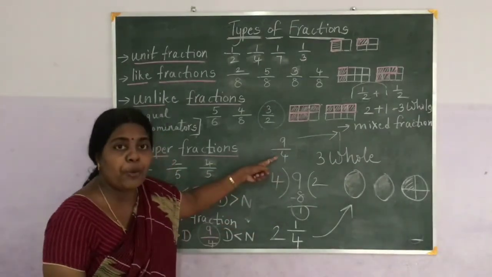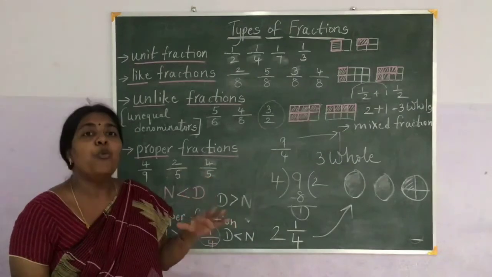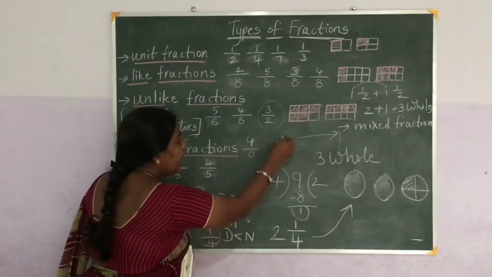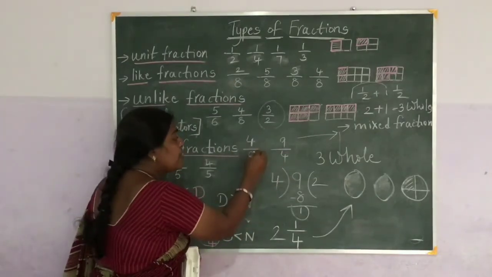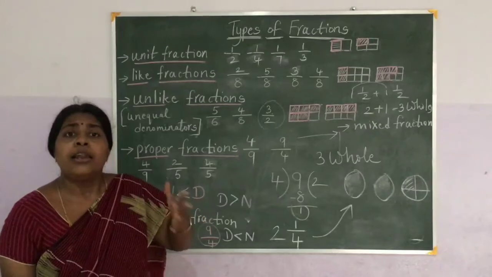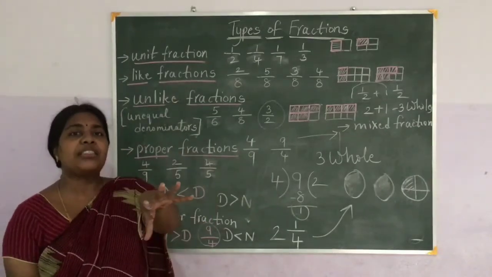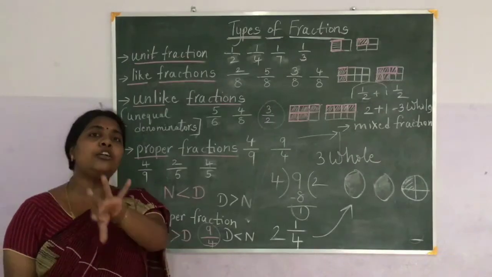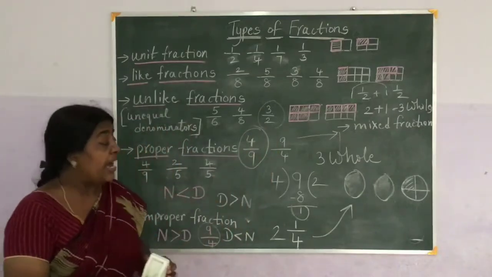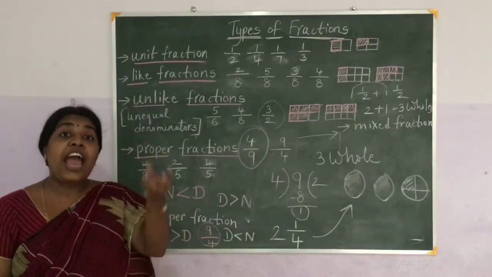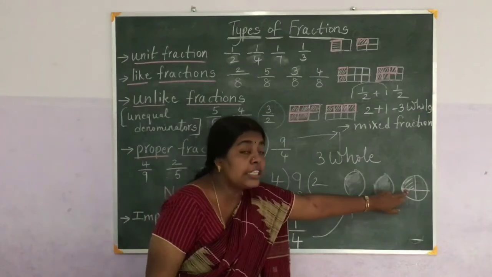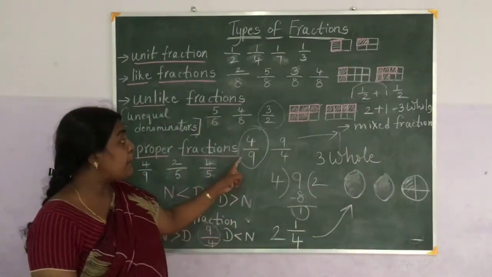If it is 4 by 9, 9 parts are there, and out of that we are taking 4. We divide one chapati into 9 equal parts, so there is only one chapati in 4 by 9. Whereas in 9 by 4 we have 3 chapatis. In the 2 full chapatis we are taking everything, and in the third chapati we are taking one part. So the difference is that.